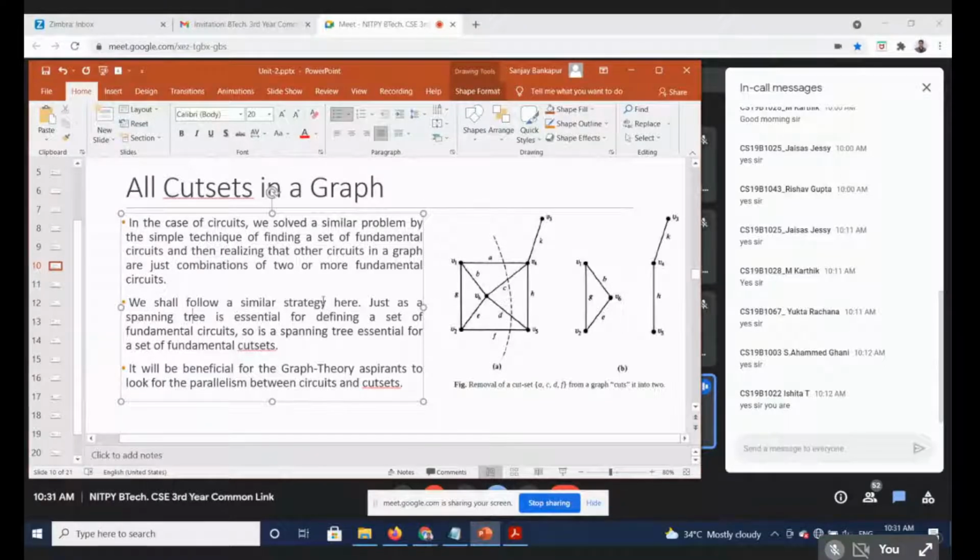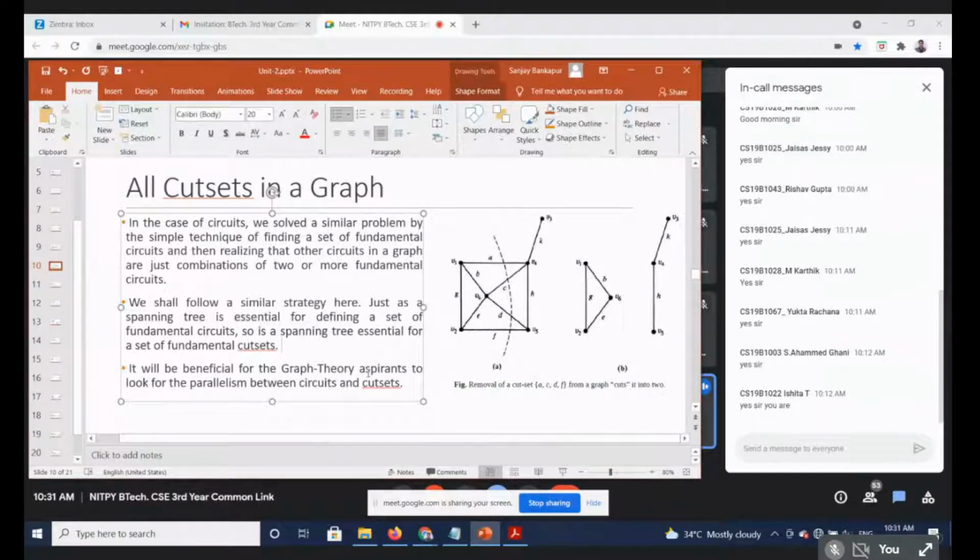We shall follow a similar strategy here in identifying fundamental cut sets. Just as a spanning tree is essential for defining a set of fundamental circuits, so is a spanning tree essential for a set of fundamental cut sets too. It will be beneficial for graph theory aspirants to look for parallelism between circuits and cut sets.